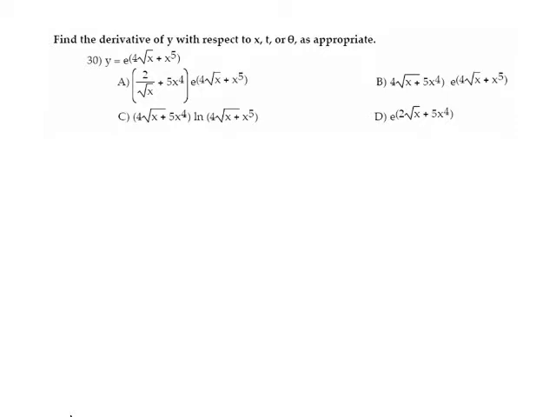Now, next one is to find the derivative of an exponential function. And here the idea is if you have d/dx of e to the u, the answer is e to the u times du/dx, chain rule again.